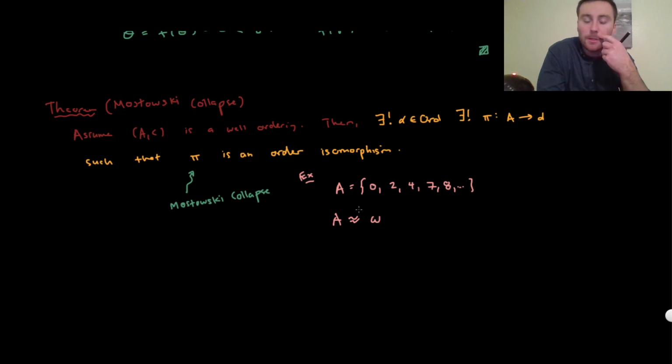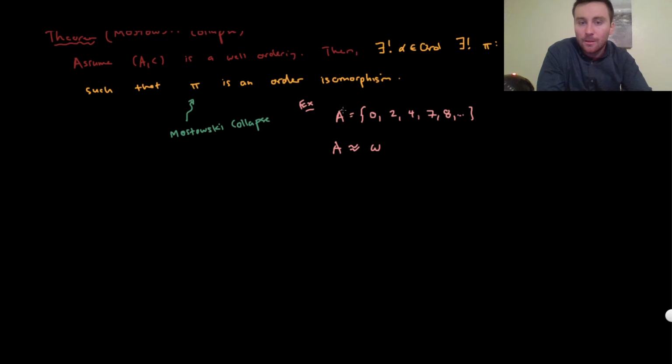So what we want to do is think about how we can construct a function from A to omega. We'll list out A right here, and omega over here. The first element of A should definitely map to the first element of omega, 0.